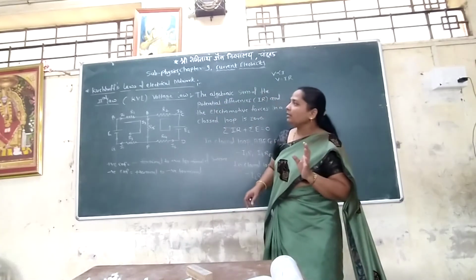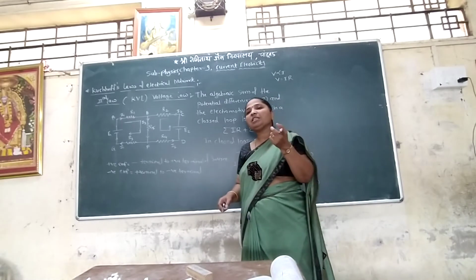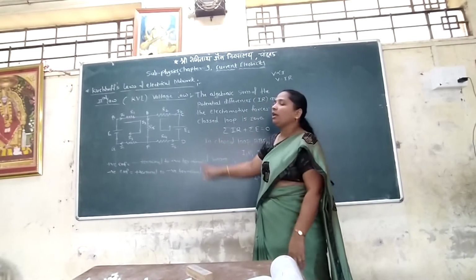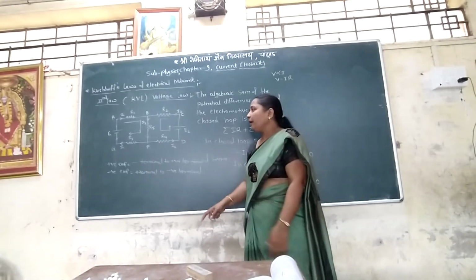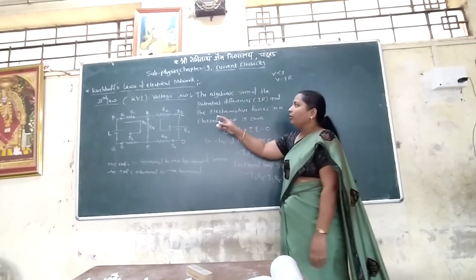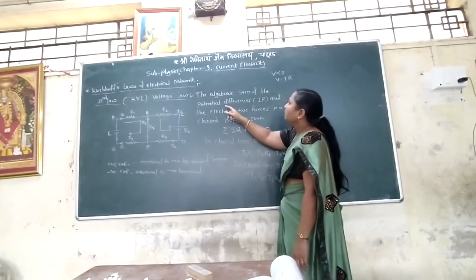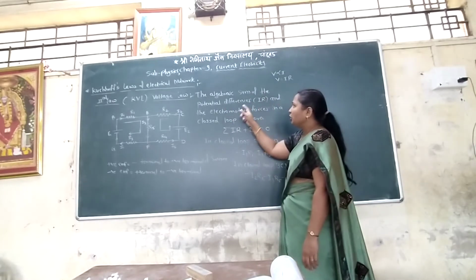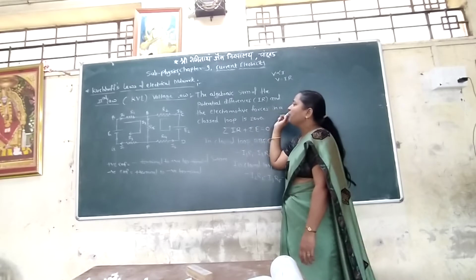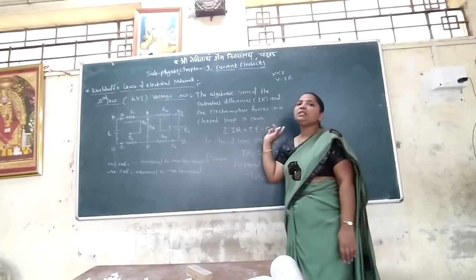So the current law is conservation of charge, and the voltage law is conservation of energy. Therefore, according to Kirchhoff's voltage law, the algebraic sum of the potential differences and the electromotive forces in a closed loop is 0.